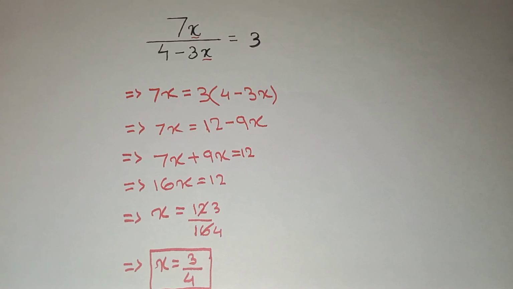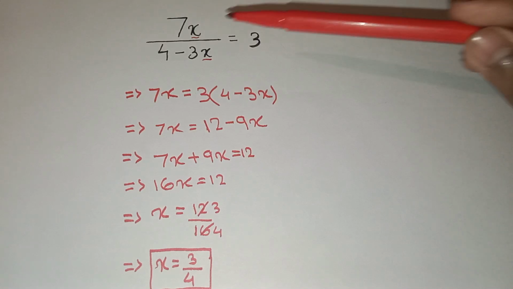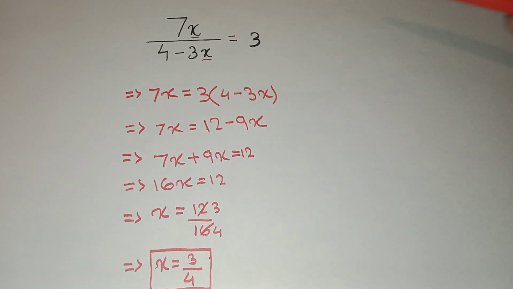From the first step, we analyzed what the question is asking. If they ask us to simplify, we don't have to solve for the unknown variable x. But if the question says solve, we have to find the value of x at any cost.